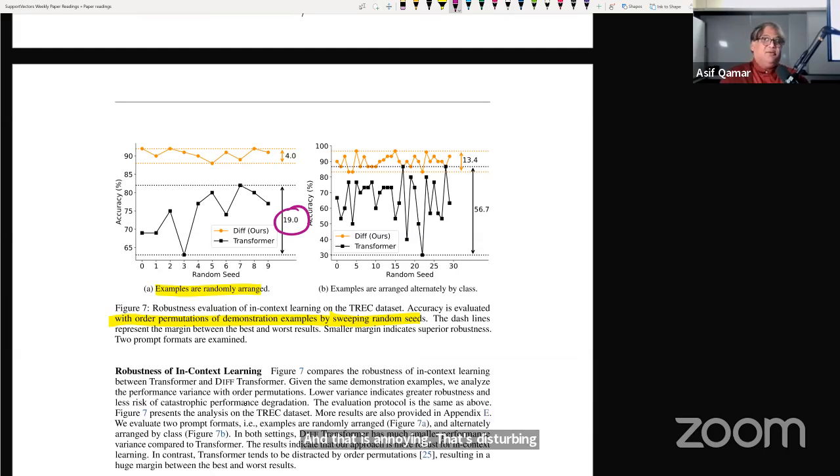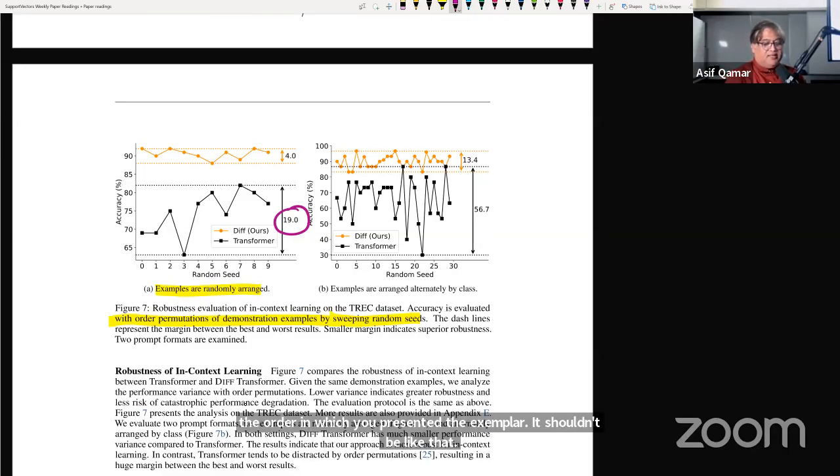You feel that your LLM is fragile, it's hypersensitive to small, unnecessary or irrelevant details of your prompt, like the order in which you presented the exemplars. It shouldn't be like that.